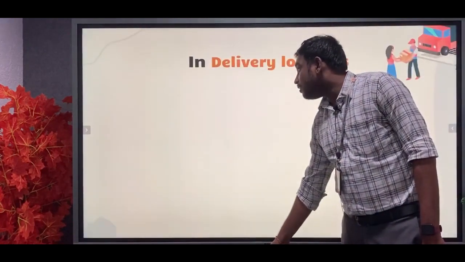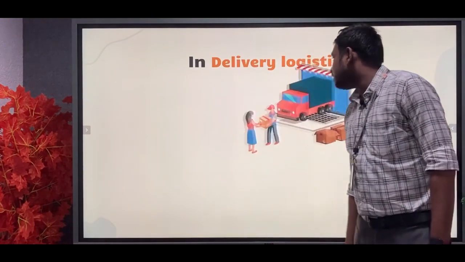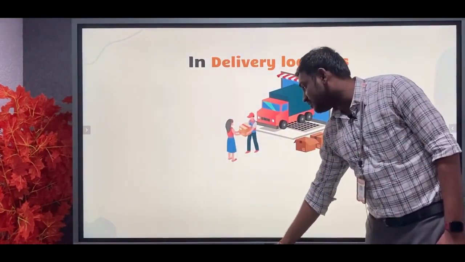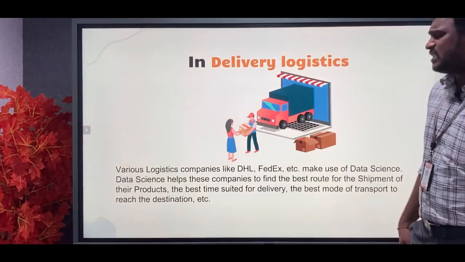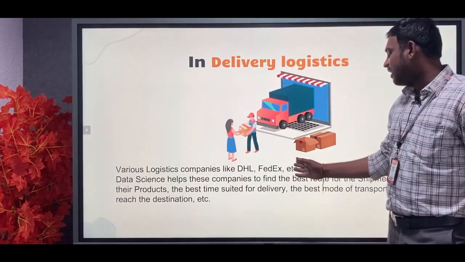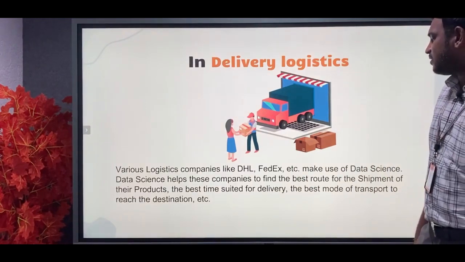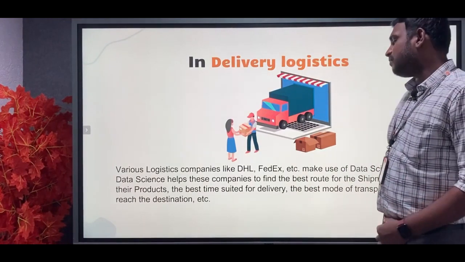And in delivery logistics, various logistics companies like DHL, FedEx, and some local companies also make use of data science. Data science helps these companies find the best route for shipment of the products.